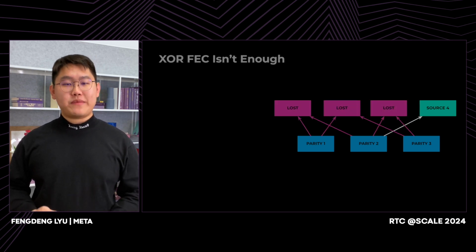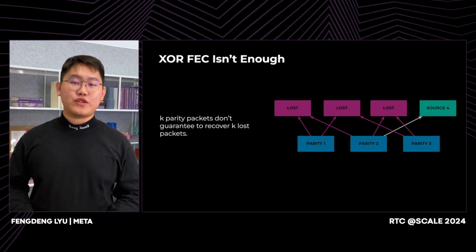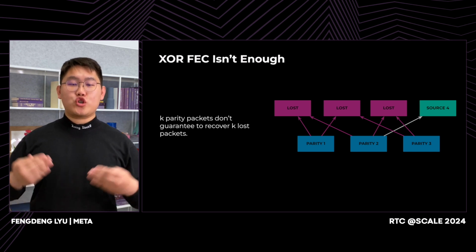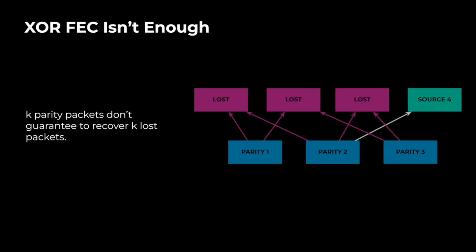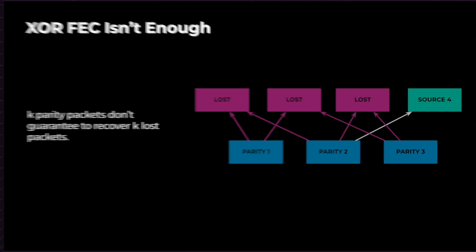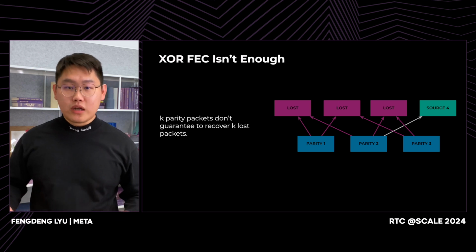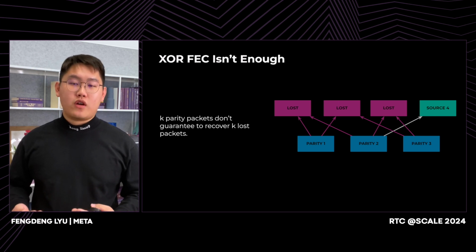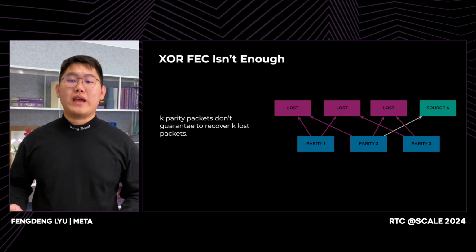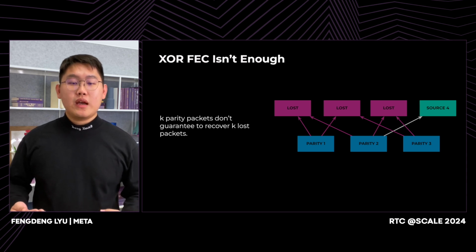So let's take a step further to see where XOR-based FEC really falls short. With the same schema, on the receiver side, we have S4 where S1 to S3 are lost. In the meanwhile, we also have 3 parity packets. Because all of the packets from S1 to S3 are lost, there's no way to recover any of the information even though we have 3 parity packets.